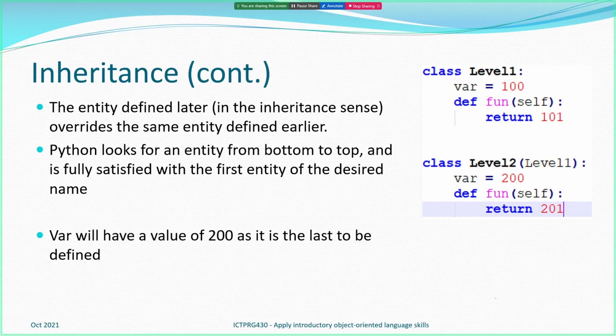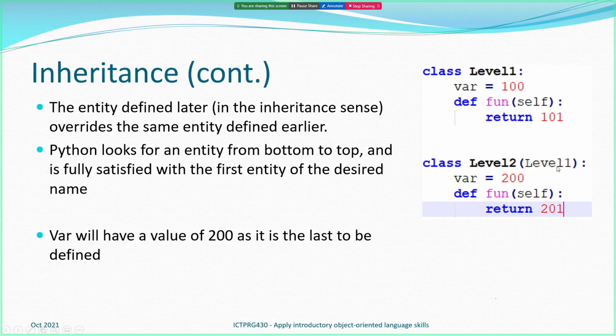When we inherit information, the order of inheritance is important. So when we set out our code and we create classes of different levels, so we create subclasses, as in the example here, we have level 1 and level 2.